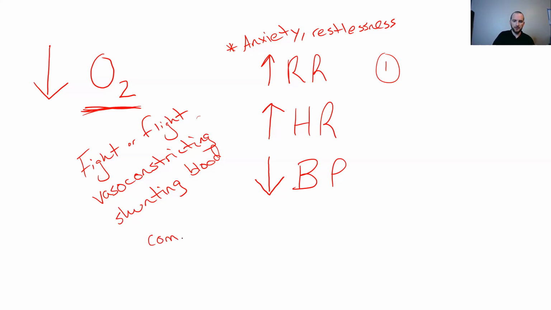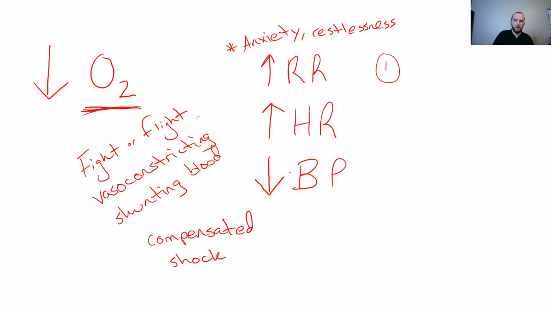And so initially, we say they're in compensated shock, right? Just by the fact that we're compensating, we're still able to maintain a sufficient enough blood pressure, just not hypotensive.